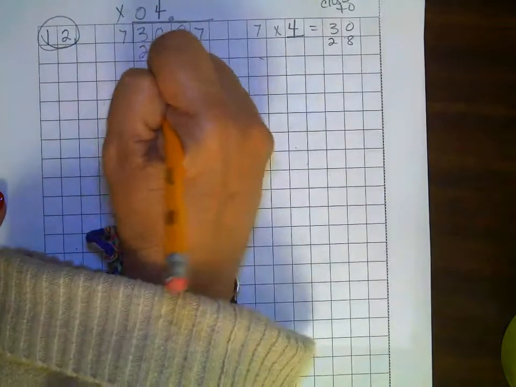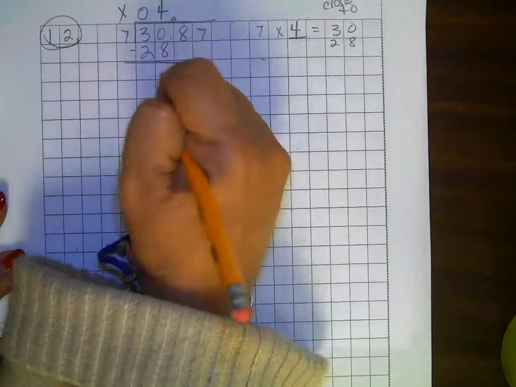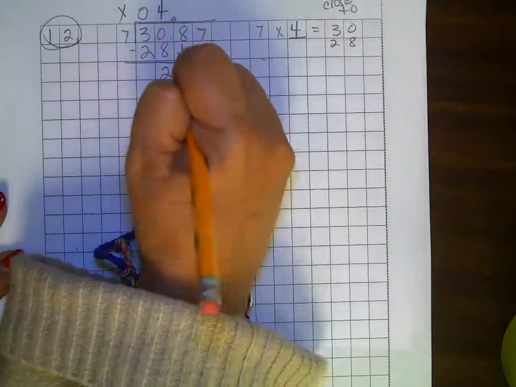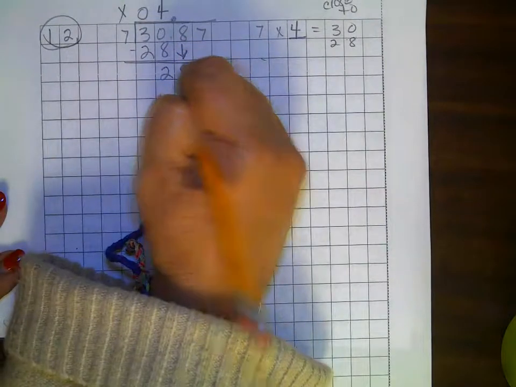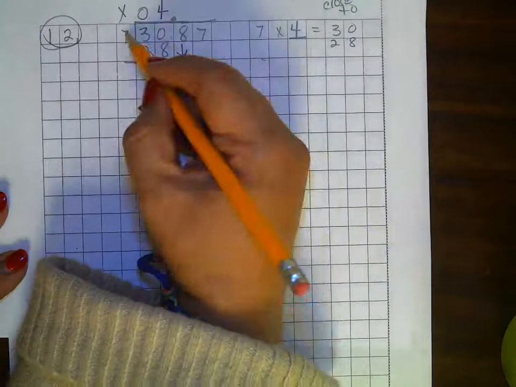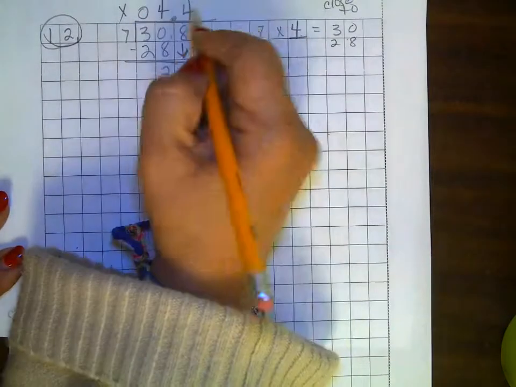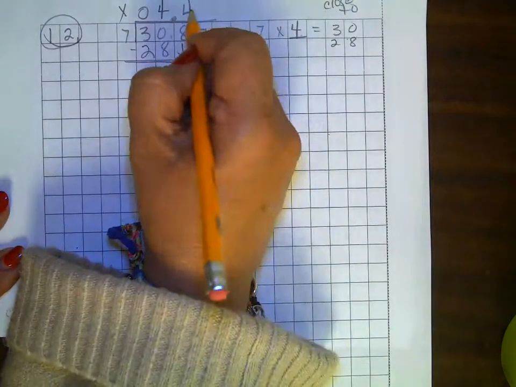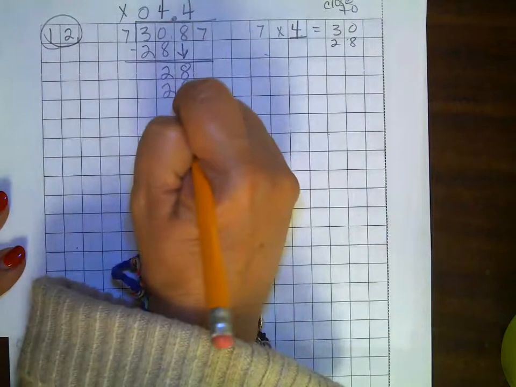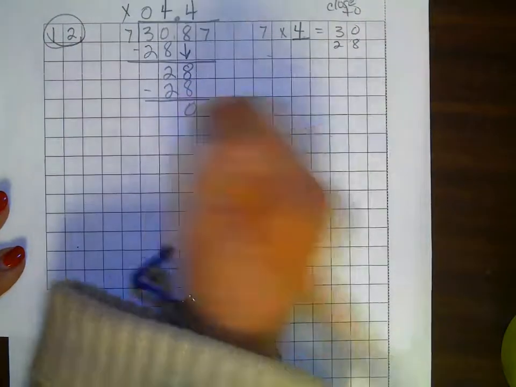So I'm going to subtract that from 30. And that leaves me with 2. And I'm going to bring down my 8. And I'm going to start again. 7 goes into 28. I already know that that's 4 times. That is 4 times. Sorry about that. 7 times 4, again, it's 28. Subtract that out. It's 0.